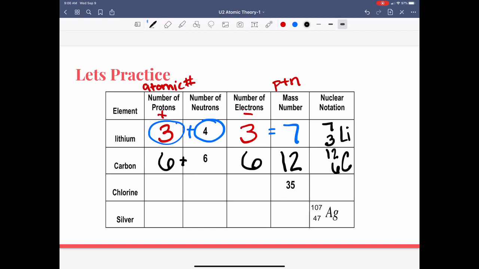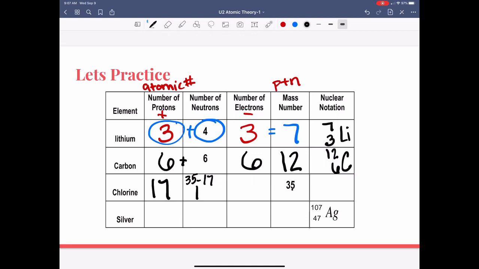Chlorine, atomic number of, hopefully everyone said, 17. Look, this time they didn't give us neutrons. So what does that mean? I have to have my mass. Mass minus protons gives me neutrons.